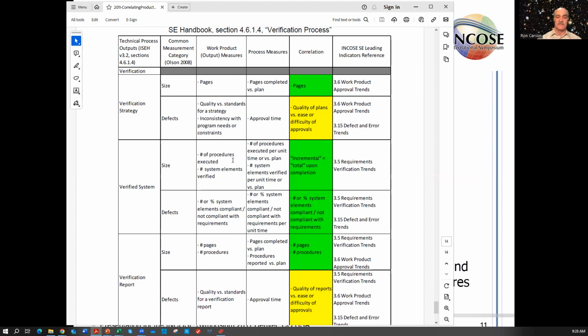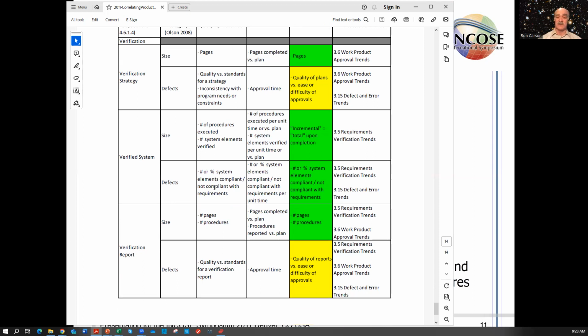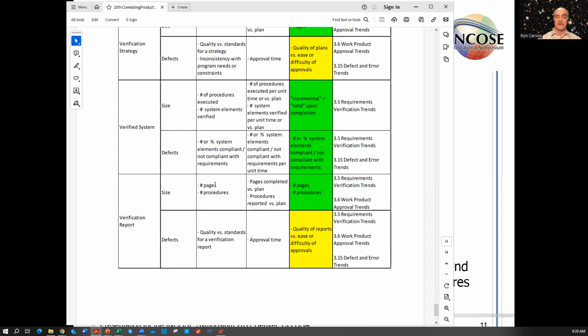Verified system. So if we successfully executed procedures and if we successfully verified system elements, we can assess the size. Defects is more straightforward this time because we, at the end or along the way, know which verification requirements are passing and which ones are failing as we execute each verification activity with respect to individual verification requirements.